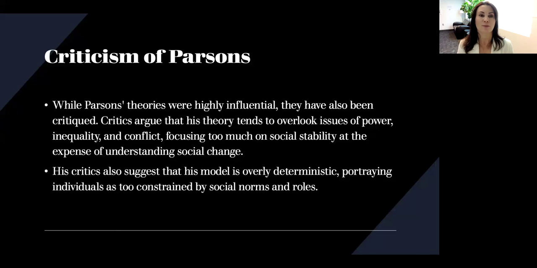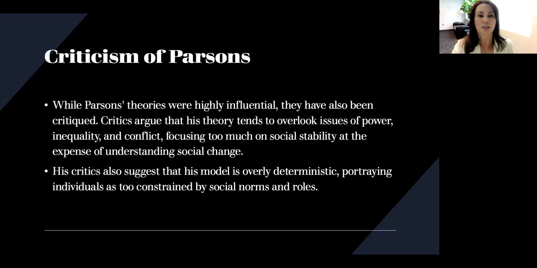The critics have been saying his theory tends to overlook issues of power and inequality, conflict, focusing too much on social stability at the expense of understanding social change, as we already mentioned a few times.